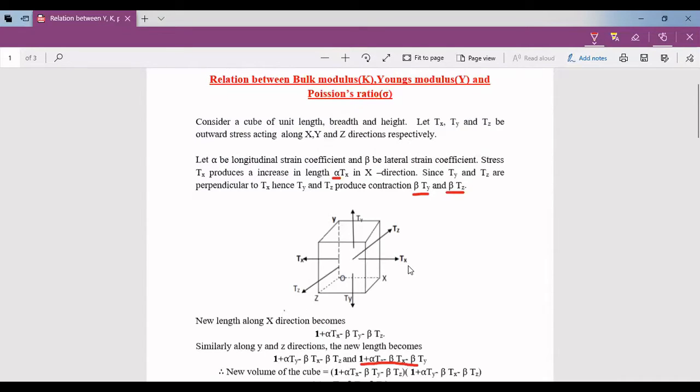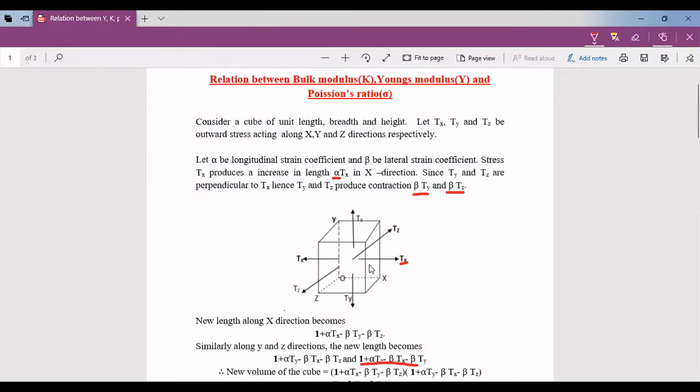What is the outward stress acting along the x direction? This is Tx. And on the opposite face of this cube you can see a Tx is there too. So this is the x-axis and this is also the x-axis.